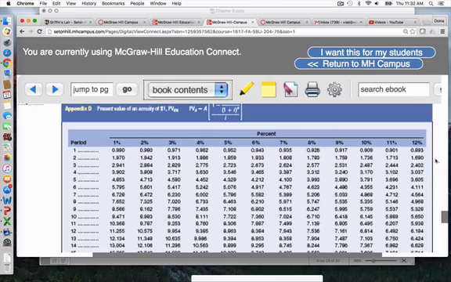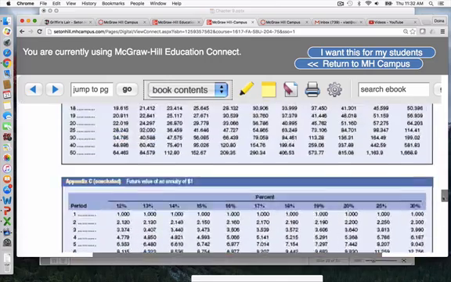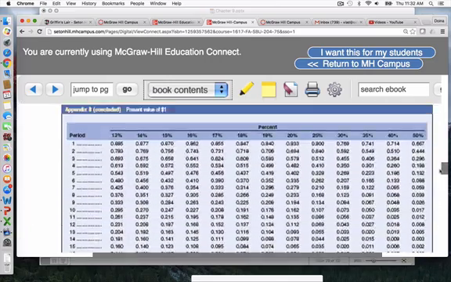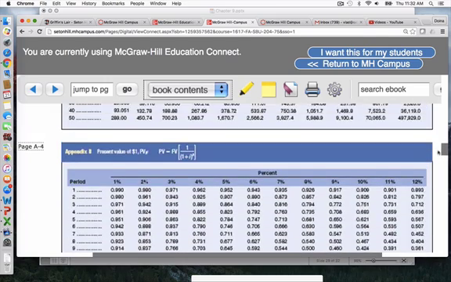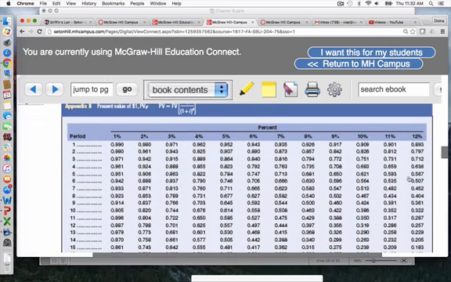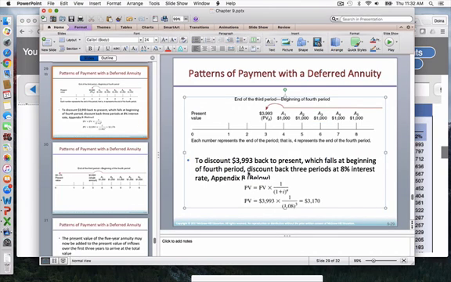And let's see what we have. Appendix B, n equals 3, interest rate 8%, 0.794. And we are going to multiply this factor times 3,993, and we are going to end up with this amount, 3,170.